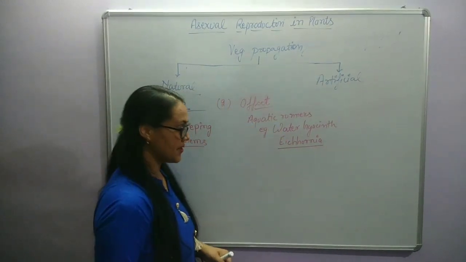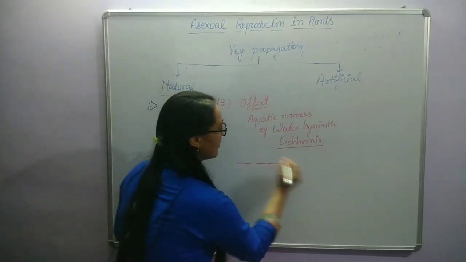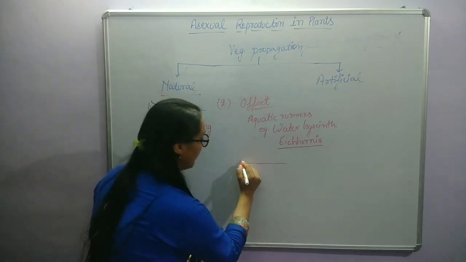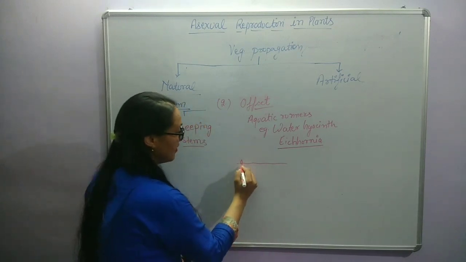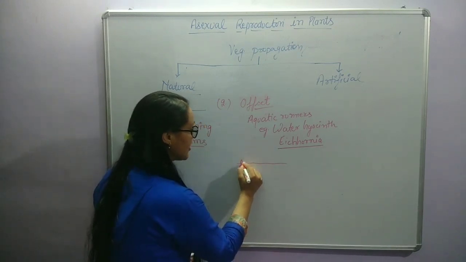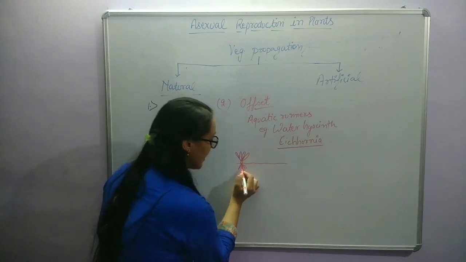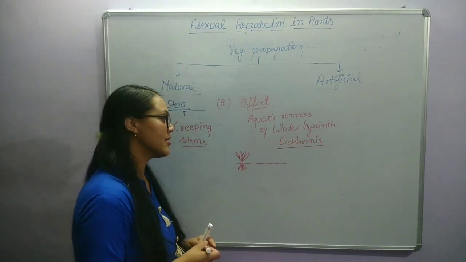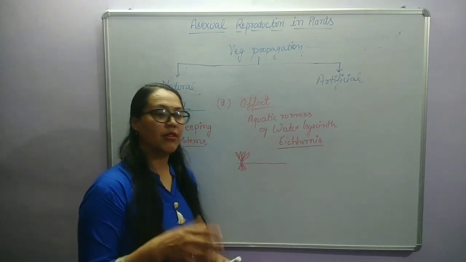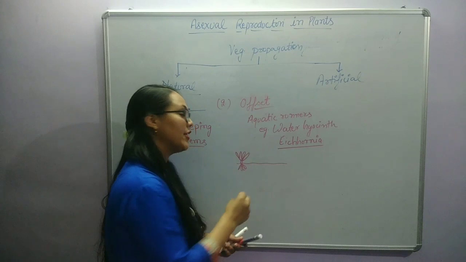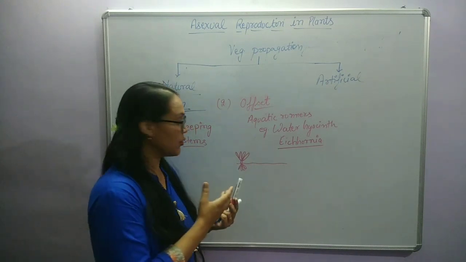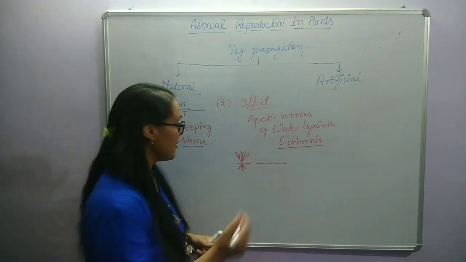What happens in offsets? Suppose this is the water level, this is one stem, these are the roots, and this is the shoot. All the plants I have shown are inflated because aquatic plants are inflated or swollen to provide them buoyancy.